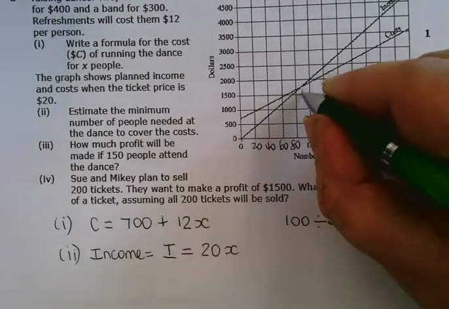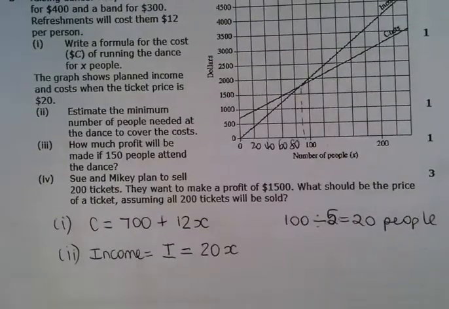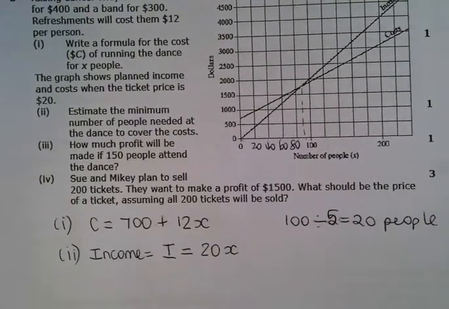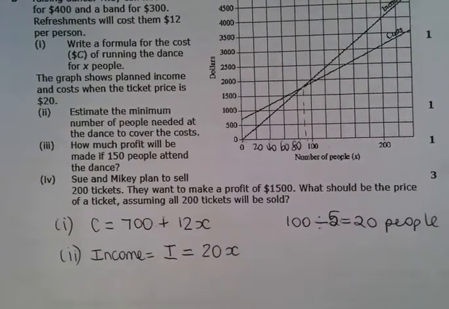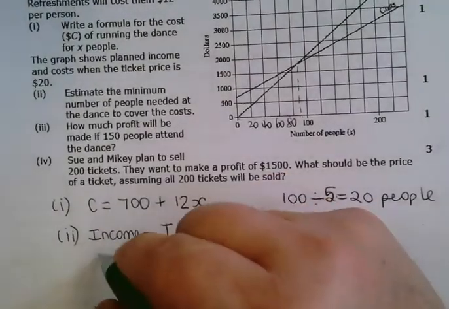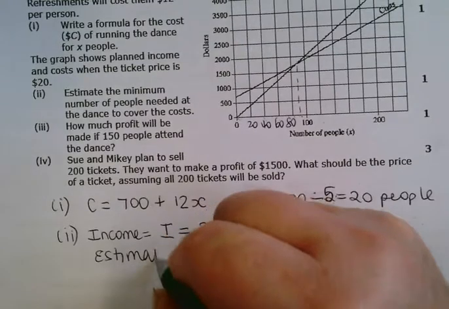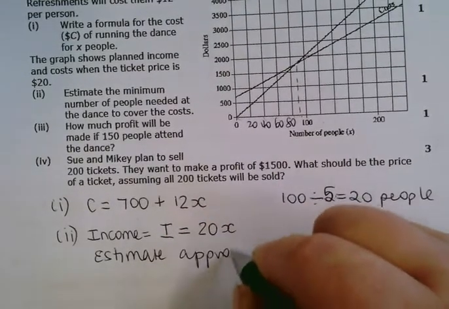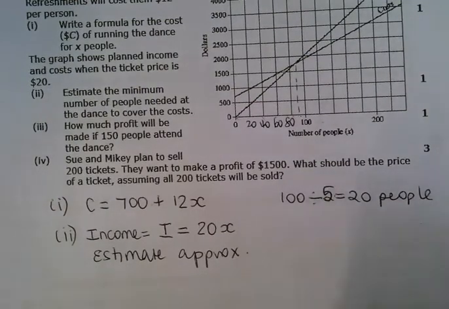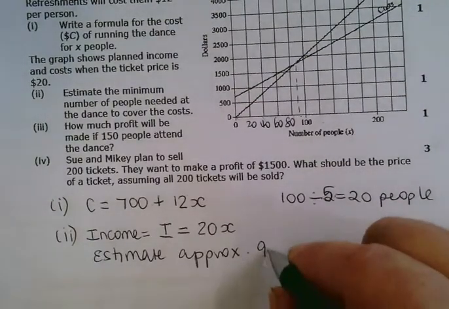Can you give me an estimate for the break even? To me, it looks like halfway between 80 and 100. Well, we're estimating, let's estimate approximately, it's more than 80. I'm going to go approximately 90 because of the divisions on this graph, 90 people.